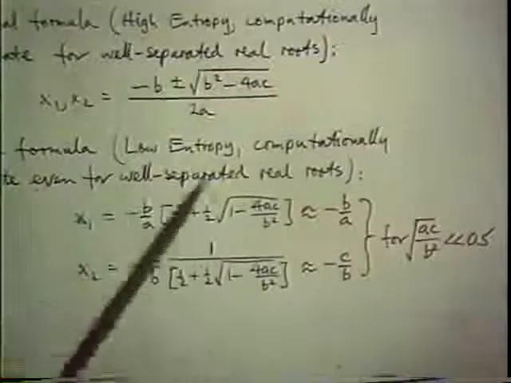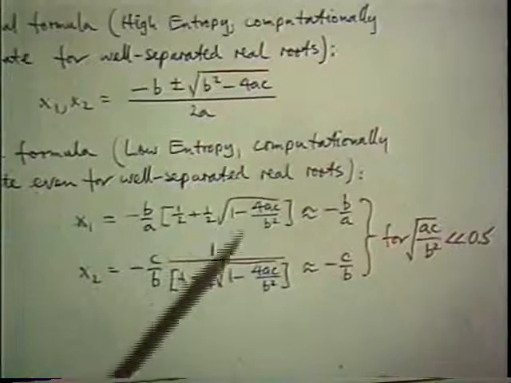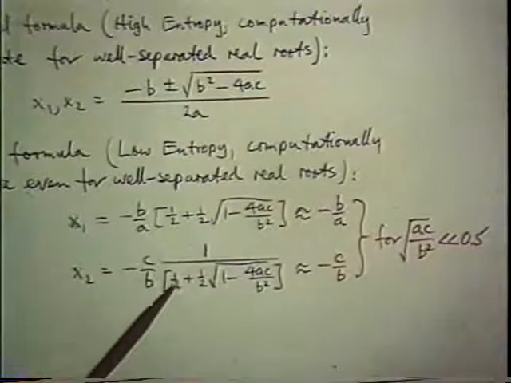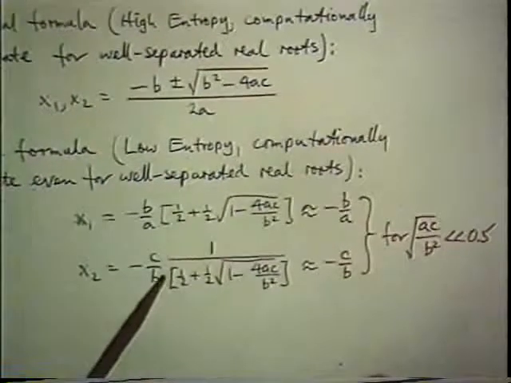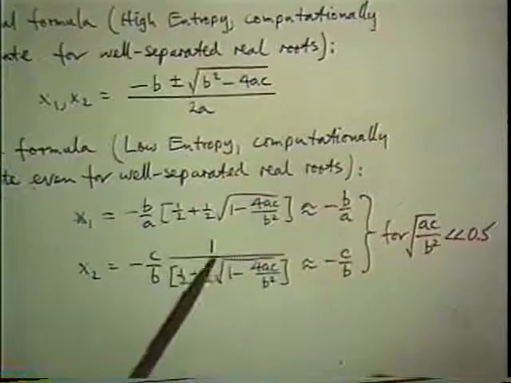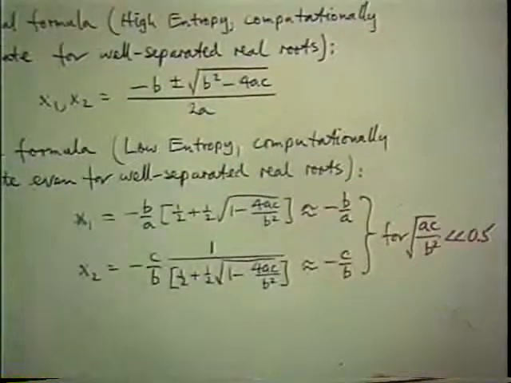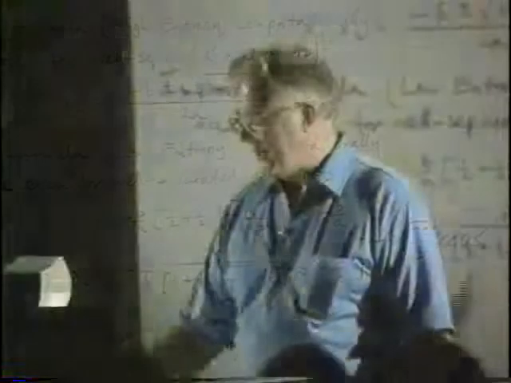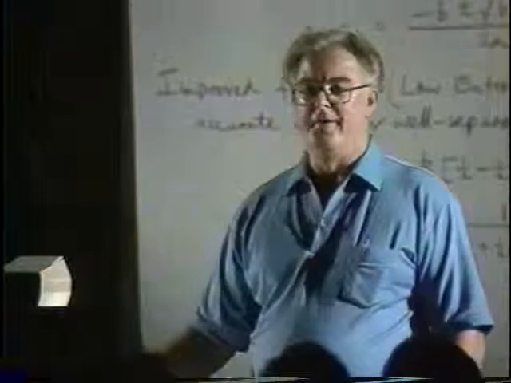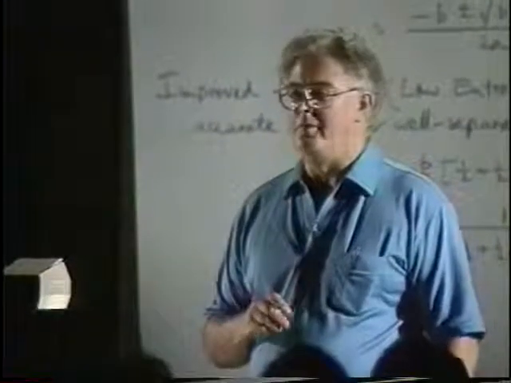It's the other root that has the computational problem, so I suggested this other format, and it comes out that it's the same square bracket with the plus sign, except it's in the denominator instead of the numerator. And that totally bypasses the computational accuracy problem, because in neither root do you have to compute the difference of 2 almost equal numbers.